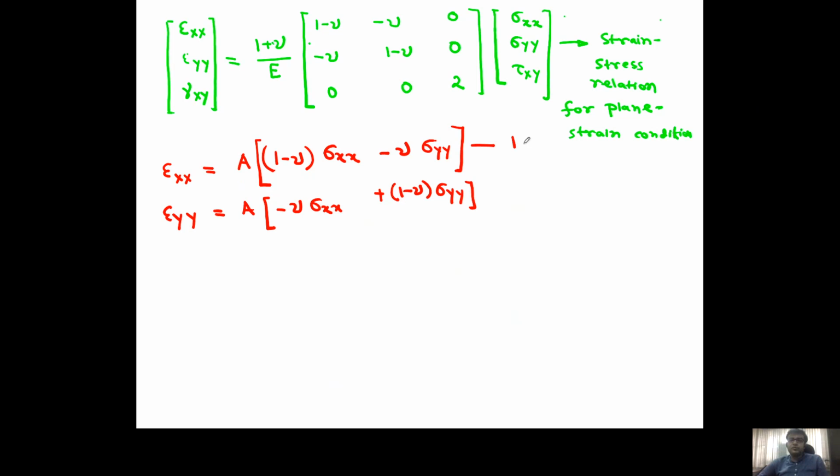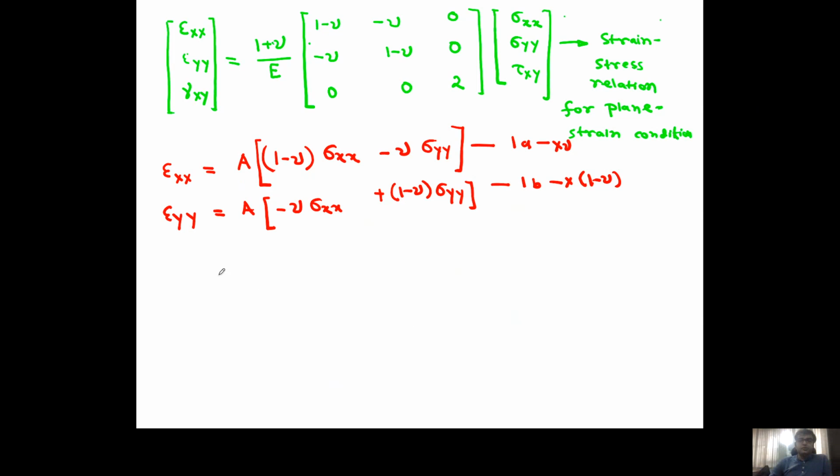So let me call this equation 1a, this as equation 1b, and we want to solve for sigma xx and sigma yy. So what can we do? We can multiply the first equation by nu, the second equation by 1 minus nu, and add it up. So multiply this by nu, multiply this by 1 minus nu, and then you can add it up.